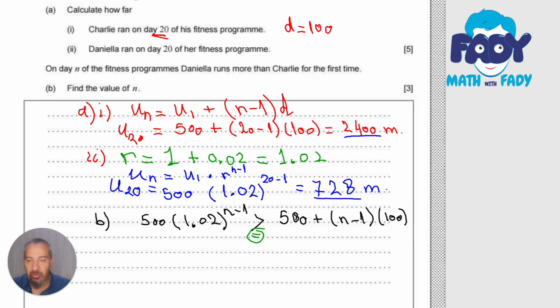If your calculator just gives you the answer of 1, there are many other ways. One of them is to graph this equation. You insert this expression as y1, and the expression for Charlie as y2, and then graph and find the intersection point using the calculator. Another way, also inserting these two expressions, y1 and y2, is to make a table of values.